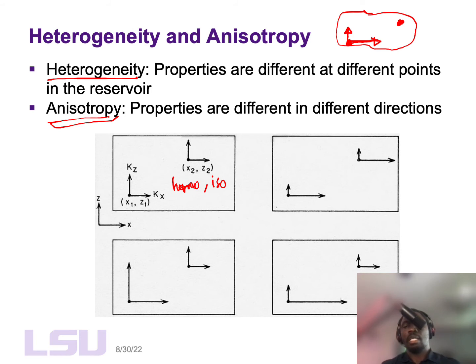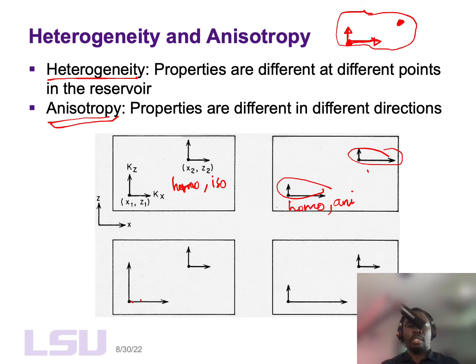No, so that is anisotropy, right? And then the lengths of these two, let's pick the short one first. It's close enough to the length here, and the length of this is close enough to this length. So the property at different points is about the same. It's just the property in different directions that are different. So it is homogeneous, right? The magnitudes of these are close enough to the magnitudes of this, but anisotropic because kx is not equal to ky, basically.